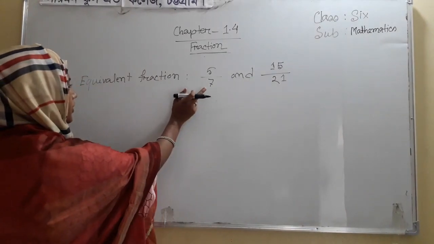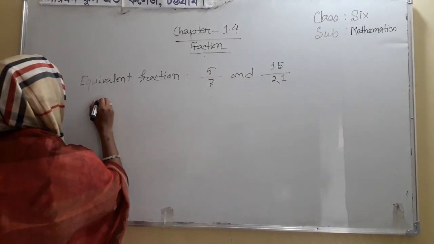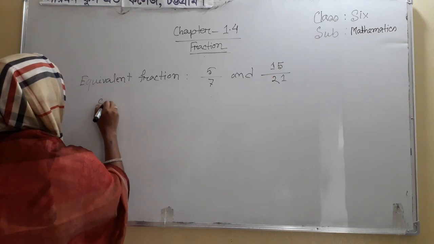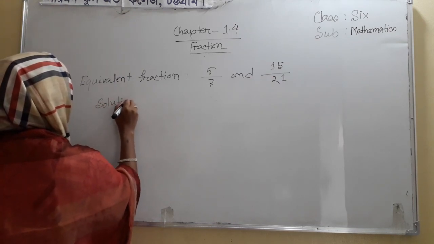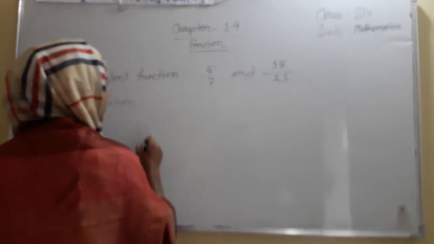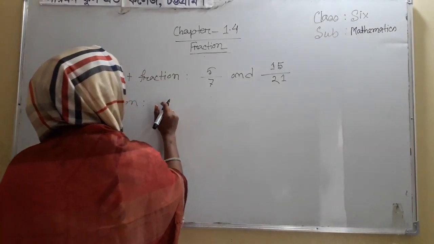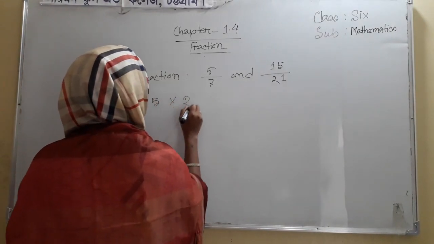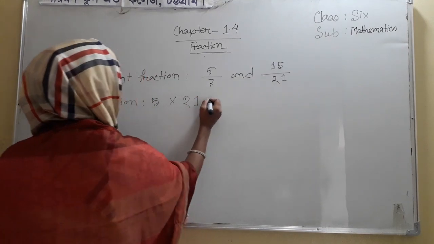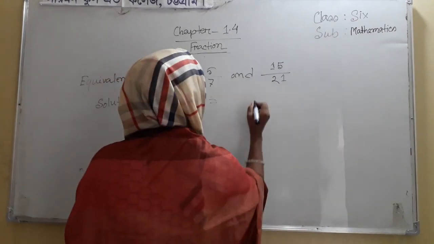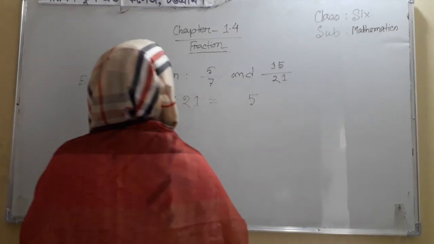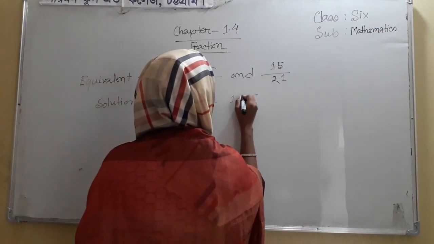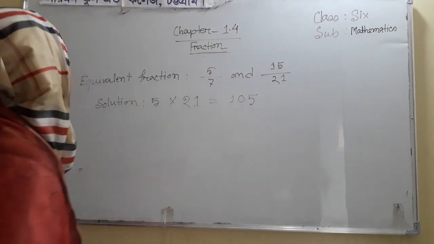Here these two fractions 5/7 and 15/21. Now step 1. In the first fraction, the numerator is 5. That means 5 into 21 equals 105.